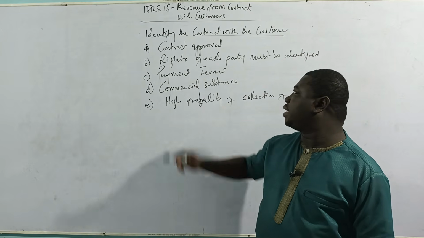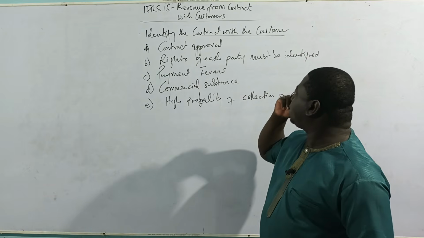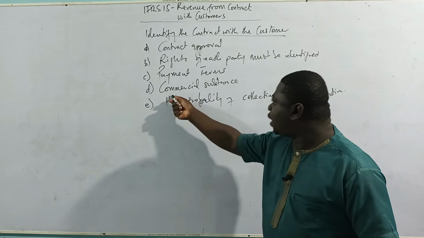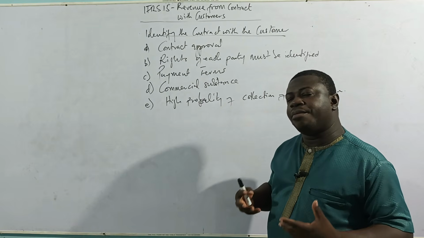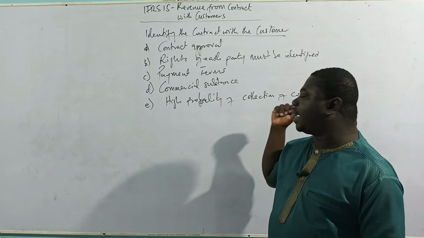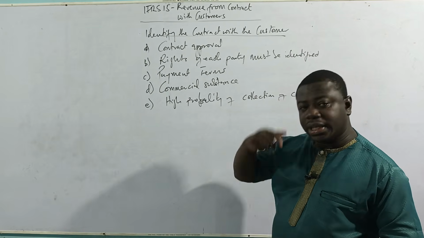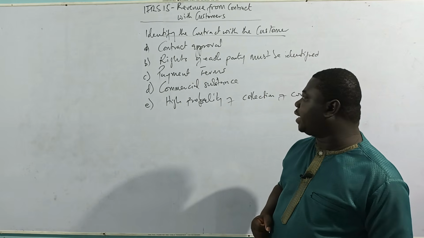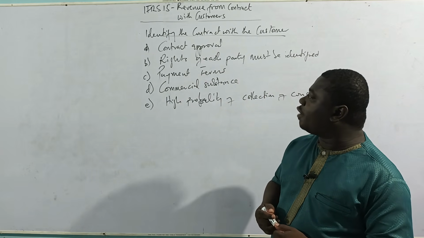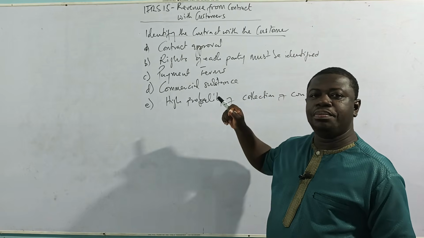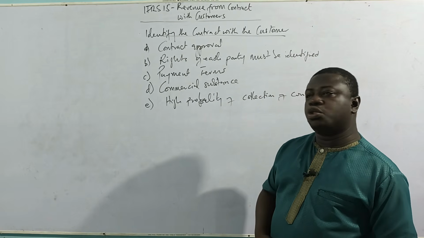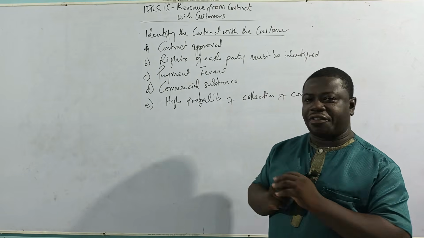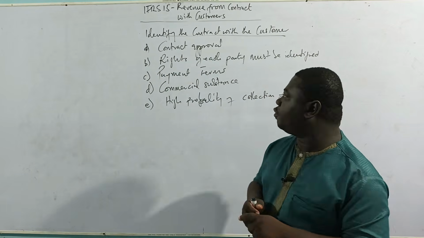And the conditions are that there should be a contract approval, rights of each party must be identified in the contract, payment terms should be clearly stated, the contract should have a commercial substance, and that there should be a higher probability that the consideration relating to the sale of goods can be collected by the entity. These are the 5 conditions that must be met for a contract to be identified under IFRS 15.